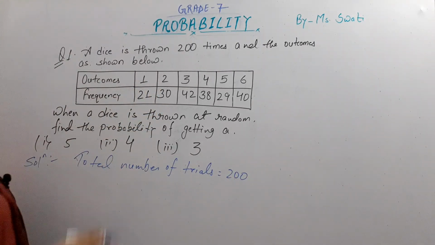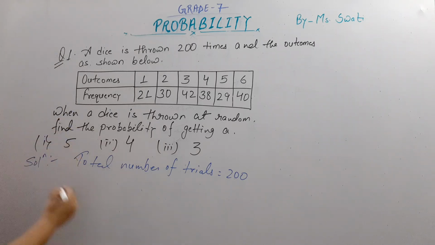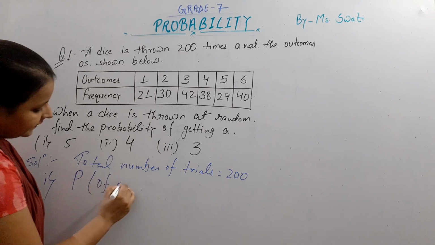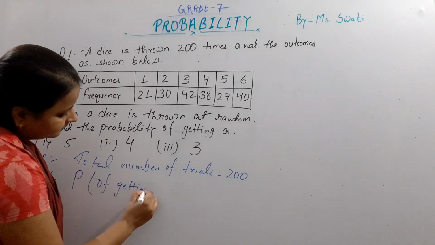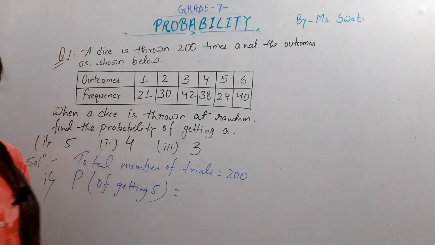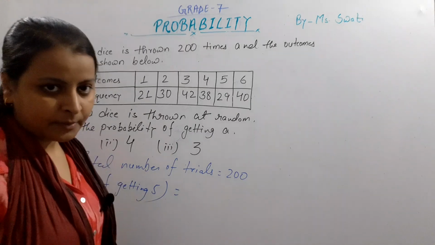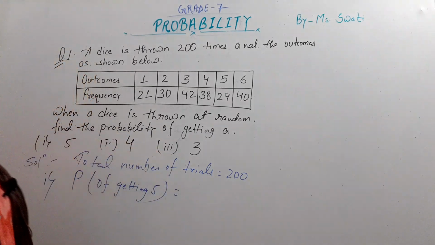What we have to find out? We have to find out the probability of getting 5. P, probability of getting 5 is equal to, what formula do we use to find the probability? Yes, number of favorable outcomes by total number of outcomes.